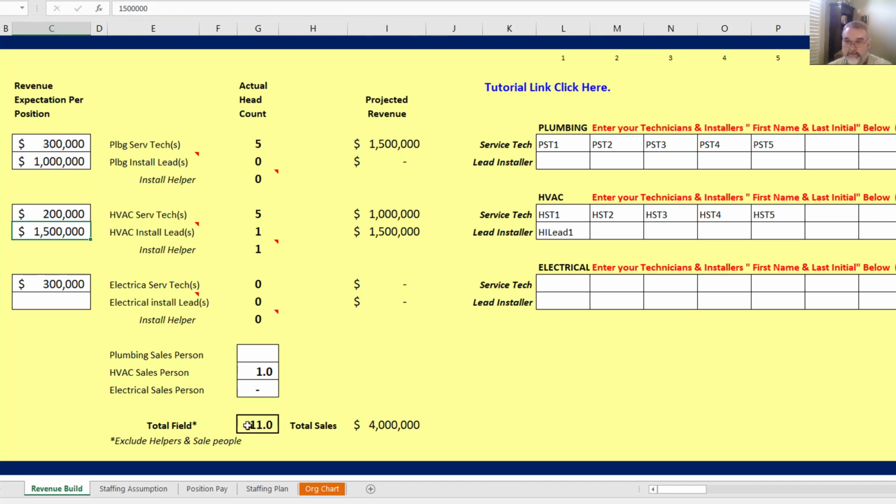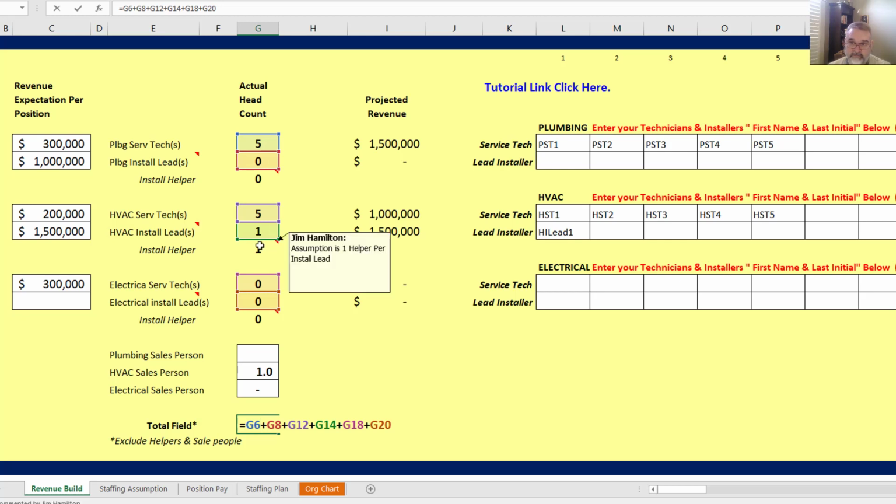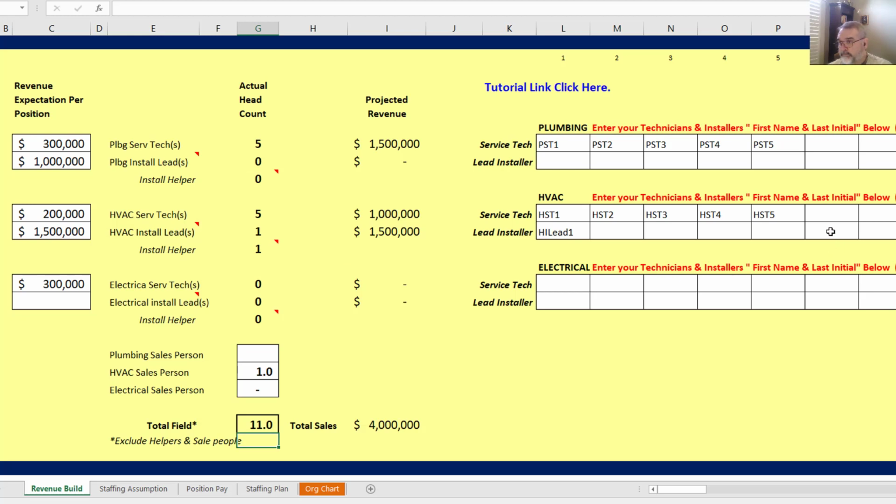That's a total of 11 people, and the 11 people do not include the salesman in this head count. It's just your productive staff up here, and the helpers I'm not counting as head count in this, because the helpers are just a 1-to-1 ratio into the install team.